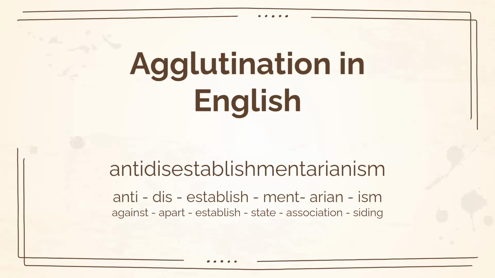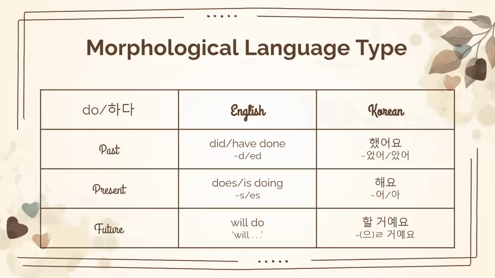"anti-disestablishmentarianism" is composed of six morphemes, with the word "established" being the only free morpheme of the six. In the Korean language, instead of words like this, rarely used long nouns, the affixes in Korean are used more regularly and convey things like tense. This chart here actually shows those differences in tenses when it comes to an agglutinative and analytical language.